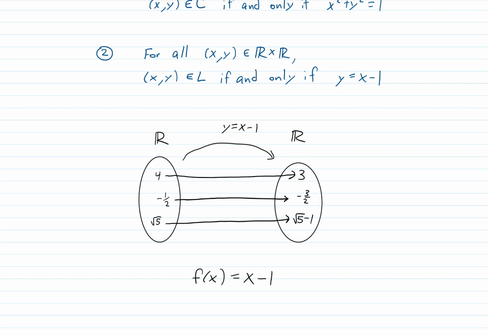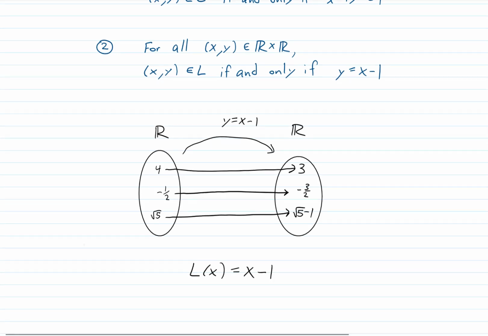I do want to point out, though, that the name of that function, oh, I'm sorry, it's not f, it's a capital L is what I named that function. The name of the function is not L of x. The name of the function is L. L of x is the output that you get when you put in an x.